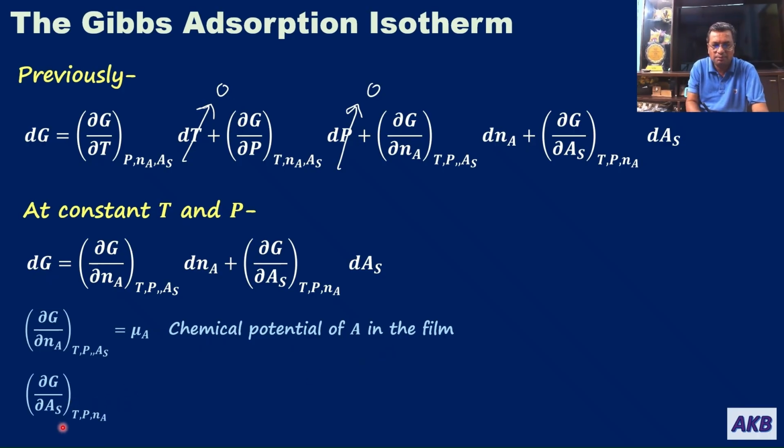Then ∂G/∂As is gamma, which is nothing but the surface tension of the liquid film. So in our next step, we are going to replace these differentials with mu A and gamma. So let us do that in our next step.